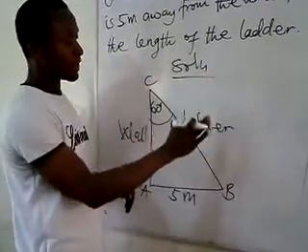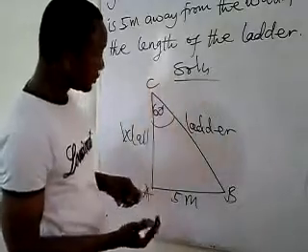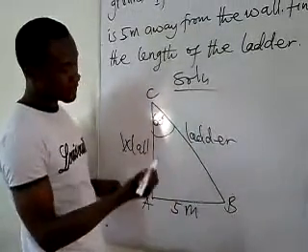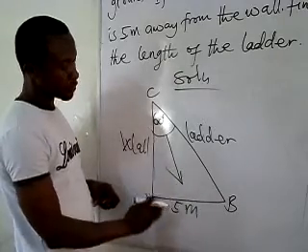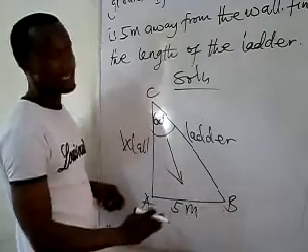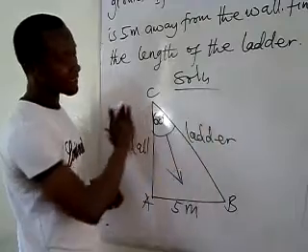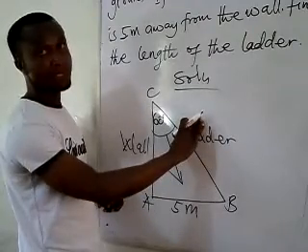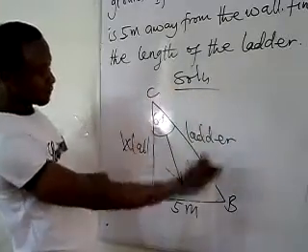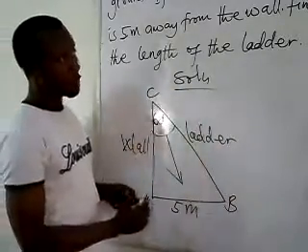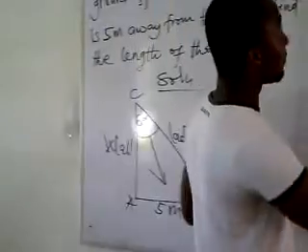Here we can refer to this one as the hypotenuse. So we look at where the angle is pointing to. I will draw an arrow to represent that it points to line AB. That becomes the opposite, and we are finding the length of the ladder, which also becomes the hypotenuse. So that represents the other side, which is what? BC. So you're looking at the formulas we learned earlier on.